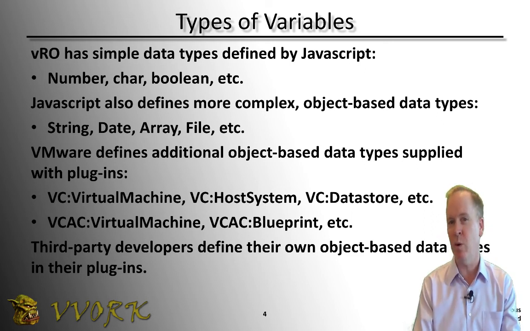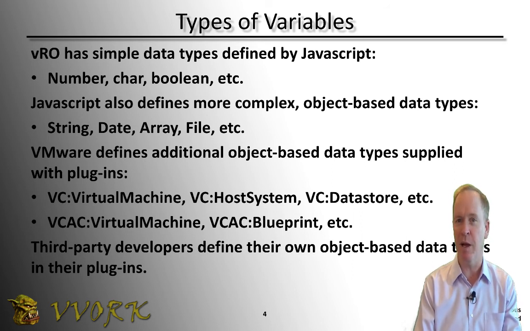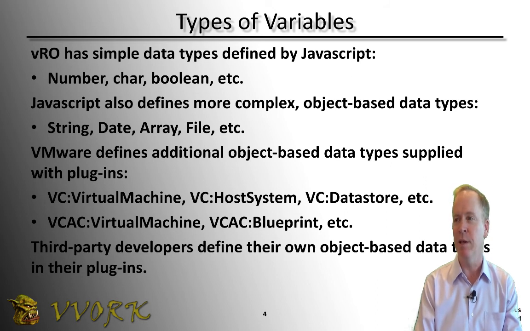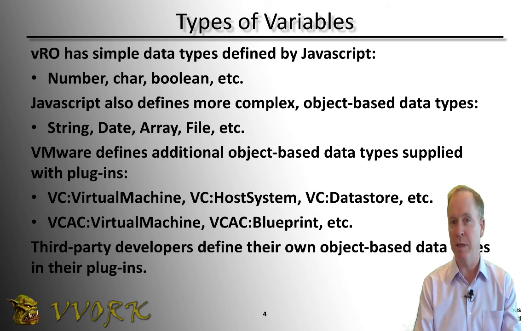By the way, for those of you who are developers from other languages like C or C++, where you have all sorts of different types of numbers, such as integer, double, float, signed, unsigned, and so forth. In other programming languages, you have those fine distinctions. In Orchestrator, because it's based on JavaScript, there's just one type, and it's called number.